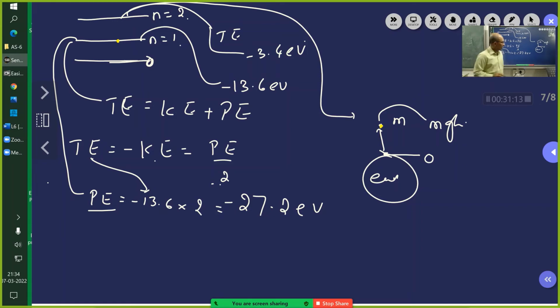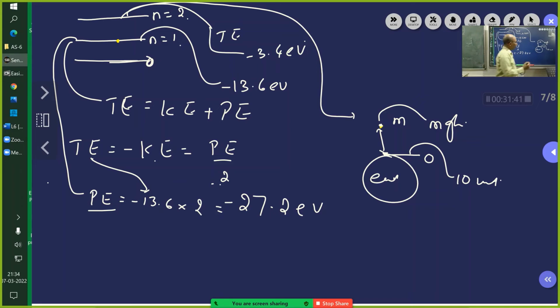Now supposing, because this is a scalar thing, I assign the potential energy of this point to be 10 units. Then what will be the potential energy of this point with respect to this? If this is 0, this is so much.